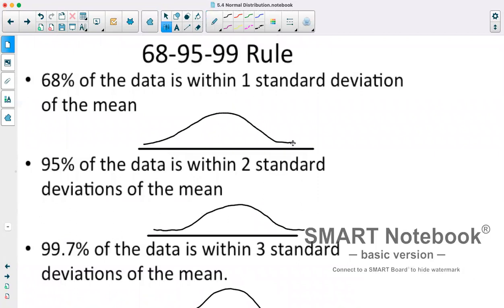Okay, so with this rule, if we have our mean here and 1 standard deviation above and 1 standard deviation below, this total area in here represents 68% of the data.